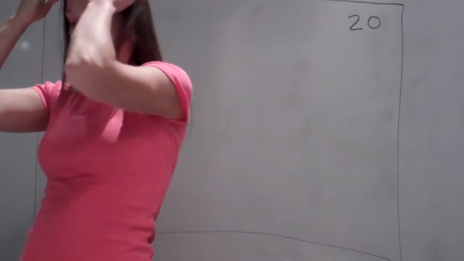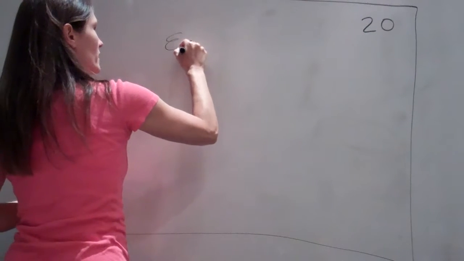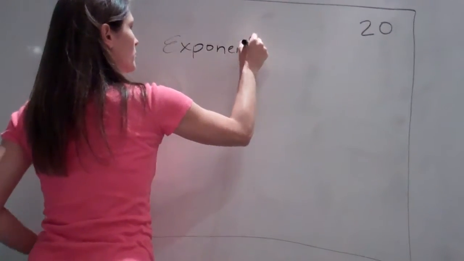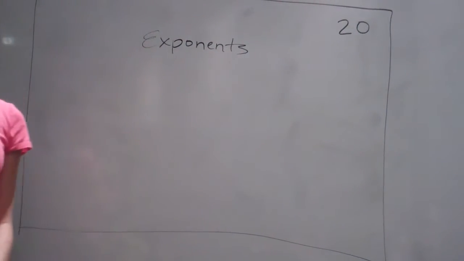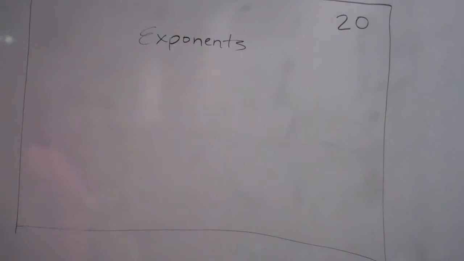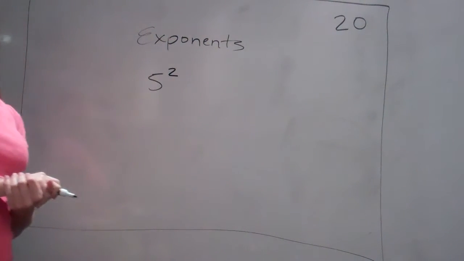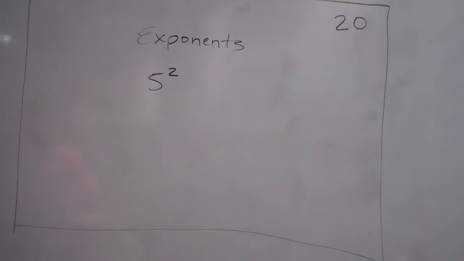Alright. The first part of this lesson is talking about this. Who knows what these are? It's like a number with a tiny number at the top. Okay, so 5, like that. Which one is my exponent? The 2 is.